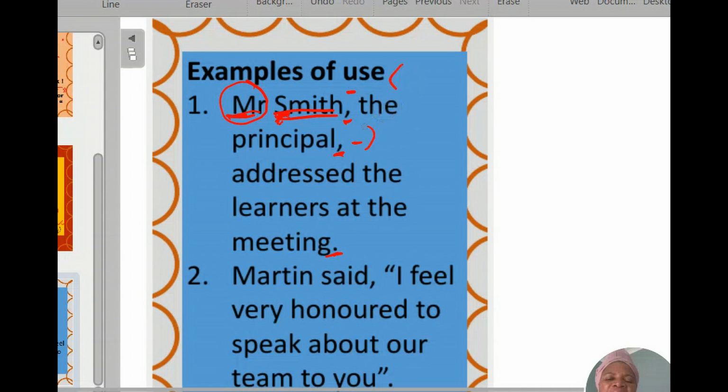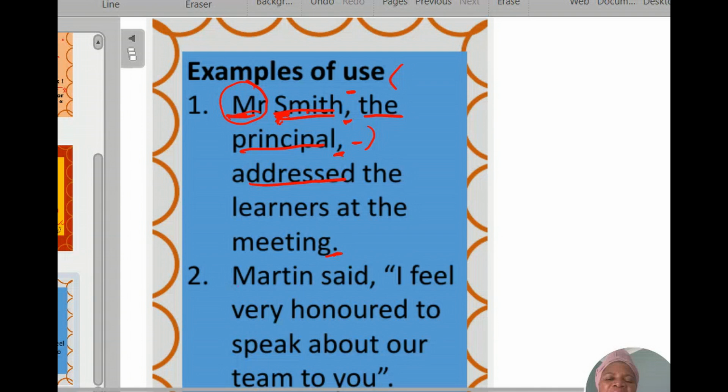This is where we can use the parenthesis. Besides that, we are adding information: who is Mr. Smith? He is the principal. But the issue that we are talking about here is that he addressed the learners at the meeting. Then we put a full stop.